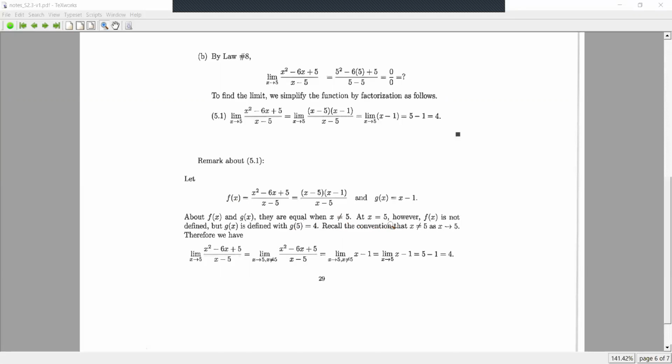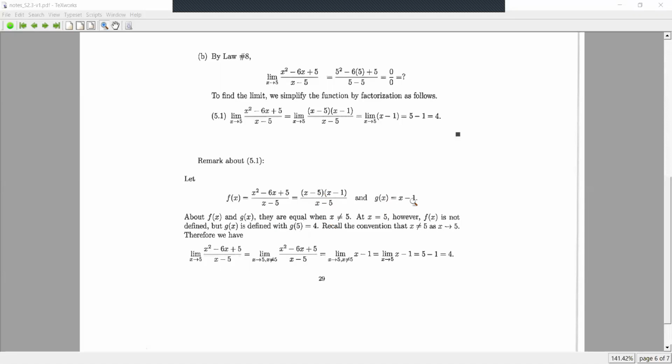At point 5, however, function f is not defined. When you plug in 5 in the x here, then you will get 0 over 0, not computable. So function f is not defined at point 5. But function g is defined at point 5. When you plug in 5 in the x here, then function value of g at 5 is 5 minus 1.